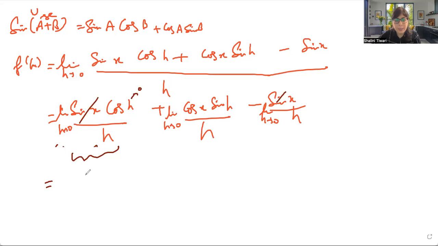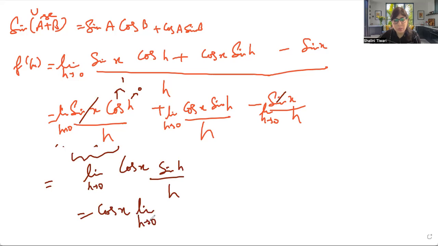And the left part is limit h tends to 0, cos x, and cos 0 is 1. That's why I told that sin x cancel each other, because this complete whole is 1. Cos x, so the left part is the middle part, this one. Now cos x limit h tends to 0, sin h upon h, and this value leads to 1. So now we get it as cos x.